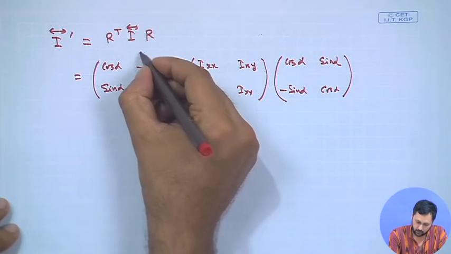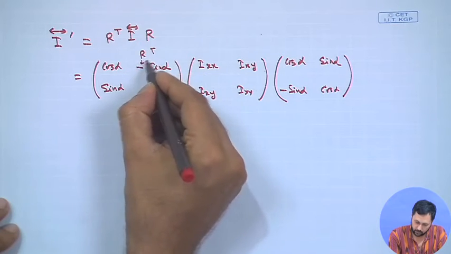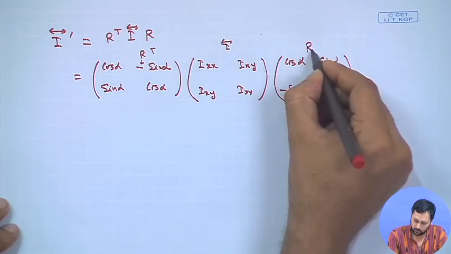So we have R transpose, this one, we have I and we have R.